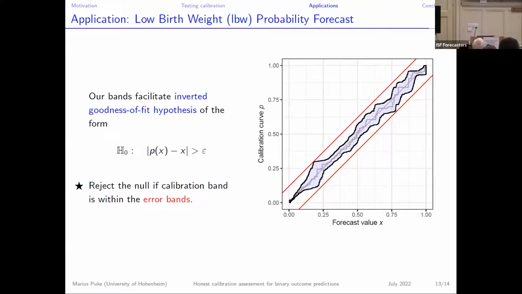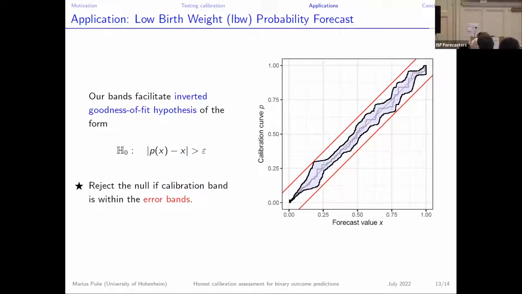What I want to stress instead is this inverted type of null hypothesis that I was mentioning before. I claim that our bounds are able to test the null, whether the error that we make by predicting x is larger than epsilon. You can think of this epsilon as perhaps 10%. So we define this epsilon as 10%. And then under the null, we test whether the error that we make by predicting x is larger than this 10%. What we do is we draw into this reliability diagram two error lines.